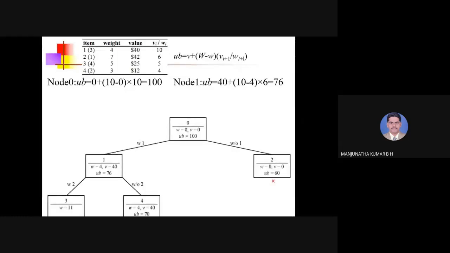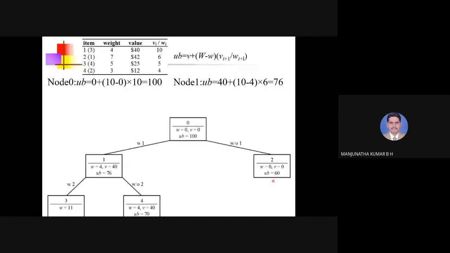See, for the root node, how much are you getting as the upper bound? That is the maximum. At most, you may get a profit of 100, not beyond 100. The optimal value is always equal to 100 or less than 100 for this example. I hope it is clear. Now let me move on to the next level. Now I am going to explore the root node. This root node can be explored by considering two choices.